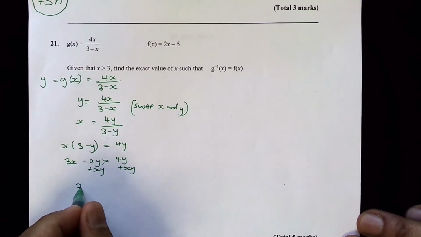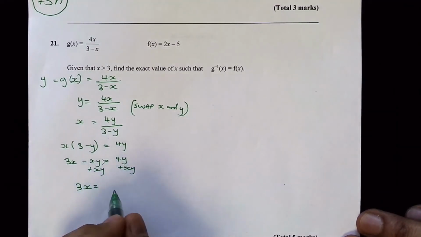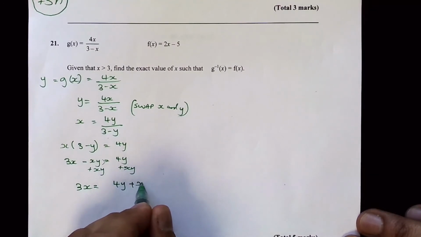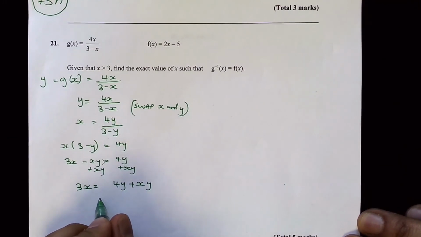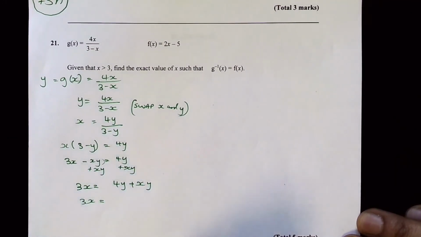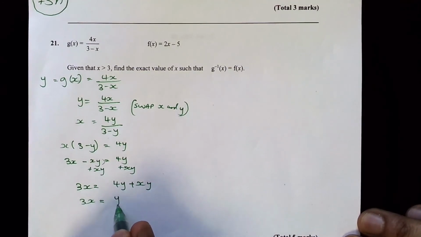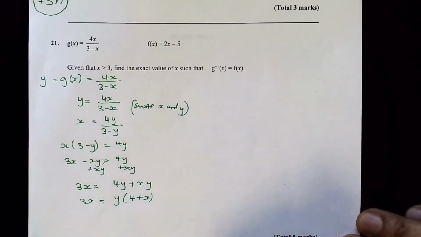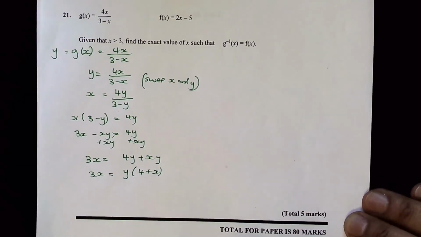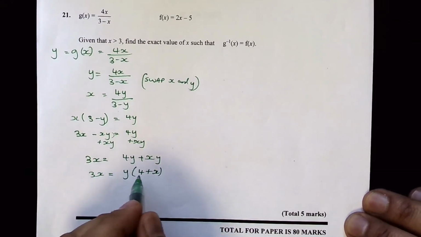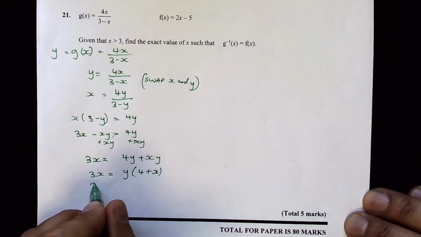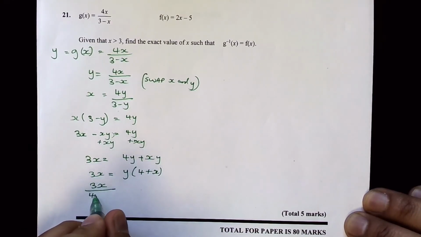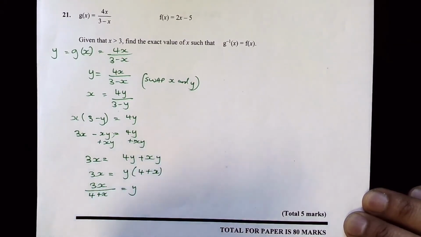So now I'm left with 3x is equal to 4y plus xy. Factorize this, and I'm left with 3x is equal to y bracket 4 plus x. And now make y the subject on its own, so that gives me 3x divided by 4 plus x equals y.